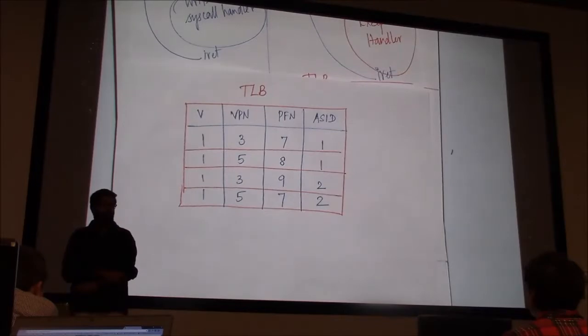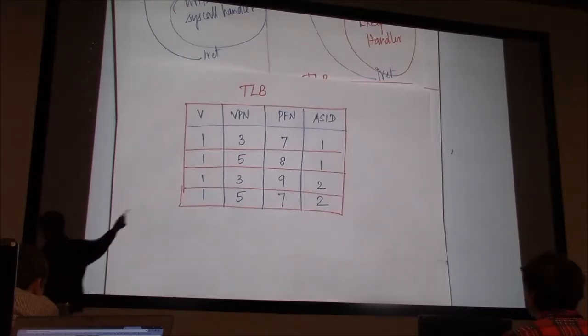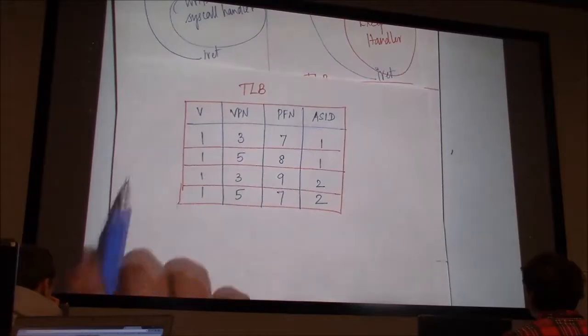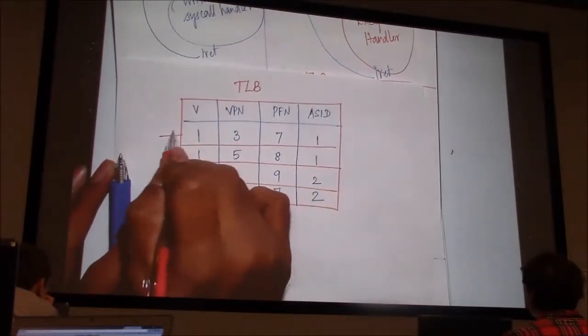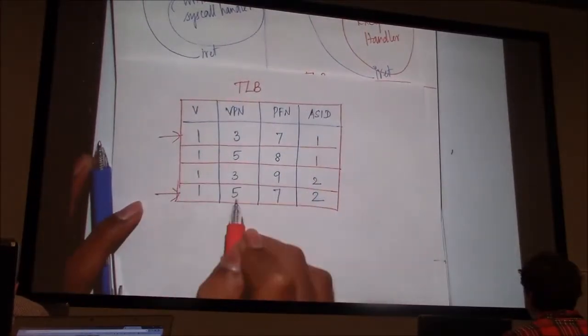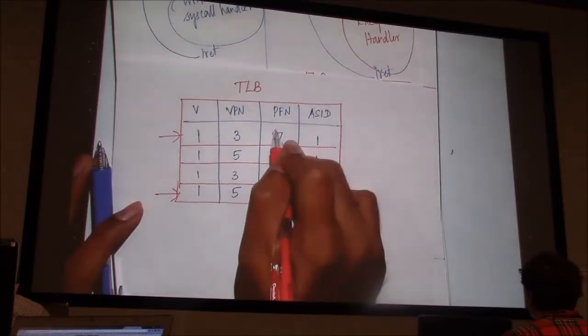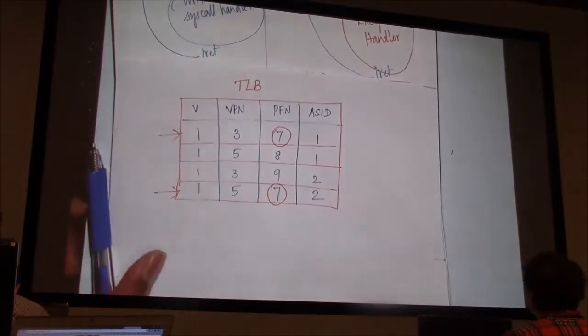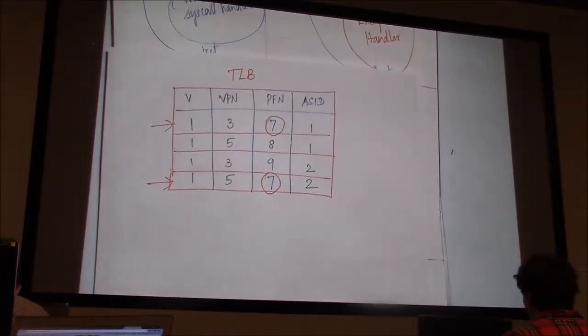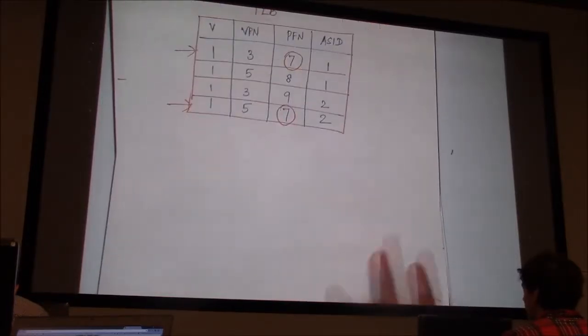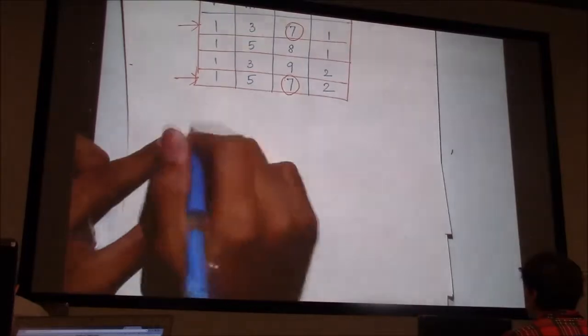No. No? Why? Two processes can't share the same physical, or have a valid reference to the same physical frame. Yeah, so one thing we are seeing here is that VPN 3 from process 1 and VPN 5 from process 2 both have the same physical frame number. This is actually possible, okay? It just means that this is not bad.